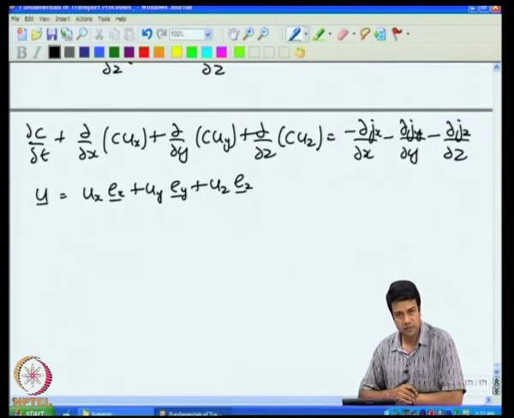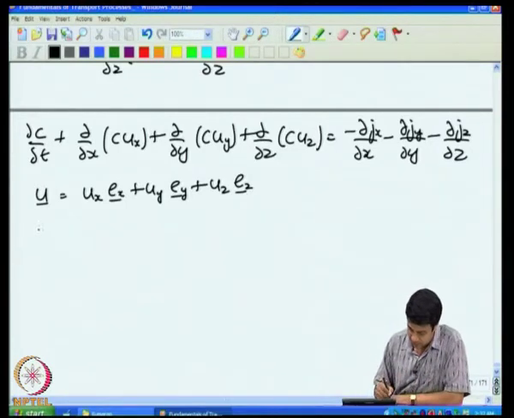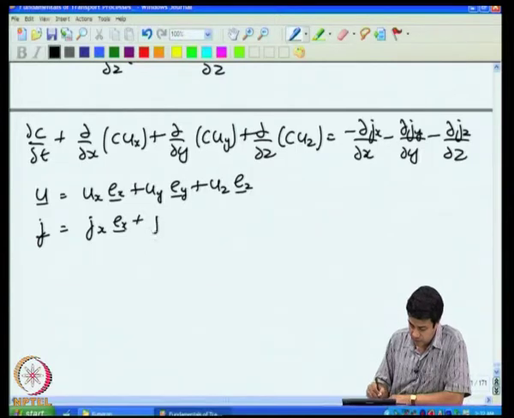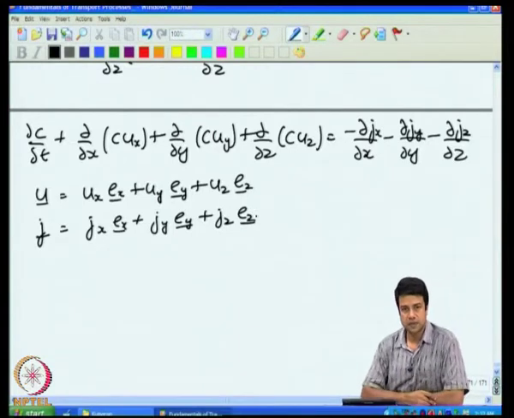Similarly, one can also define a vector flux. Okay. J vector is equal to Jx Ex plus Jy Ey plus Jz Ez. So, this is the vector flux. Okay. And I now have derivatives here. I can also define a vector derivative operator.